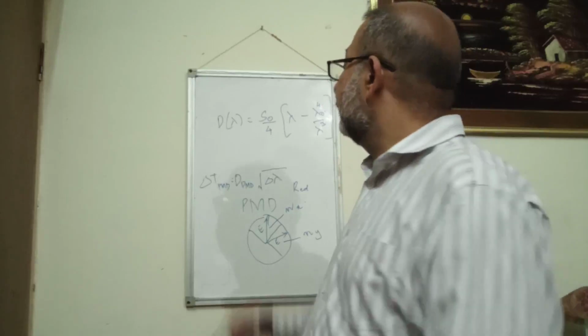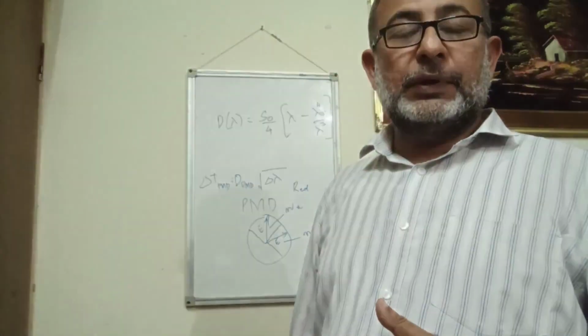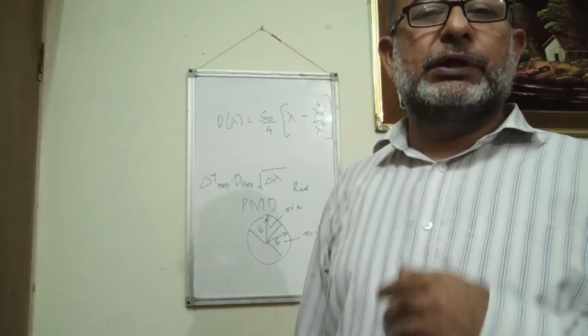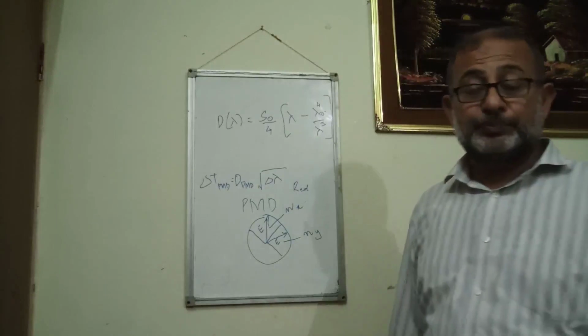while S naught is the slope of the curve at the point of zero dispersion.